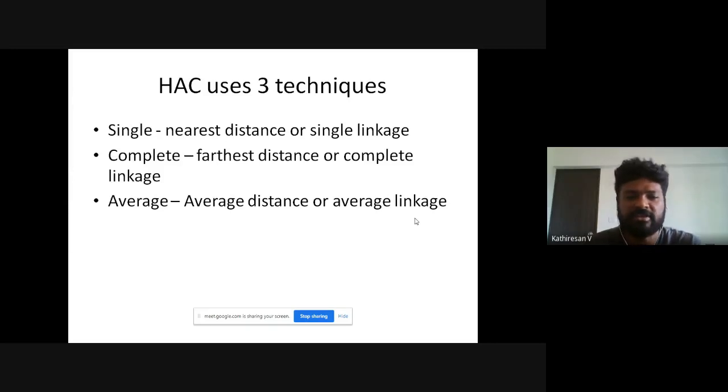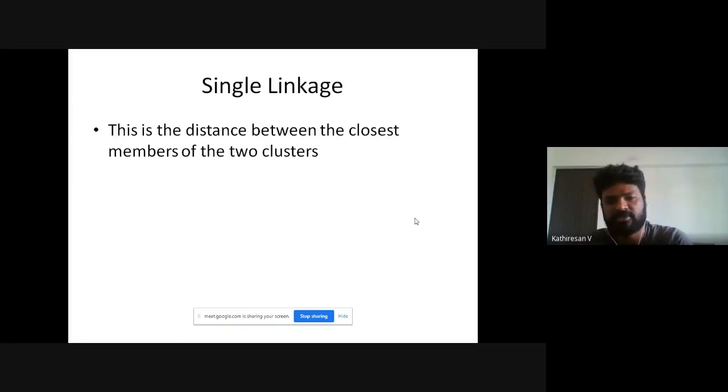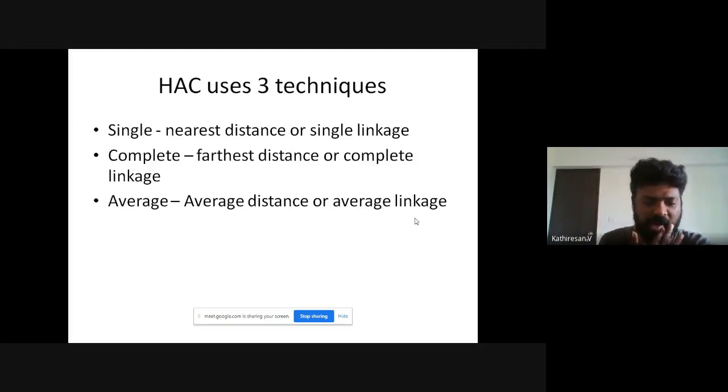Single is based on the nearest distance, complete is based on the longest distance, and average is based on the average distance. If you want you can go further, but we are not going into detail with complete and average; we are going to see only single linkage.